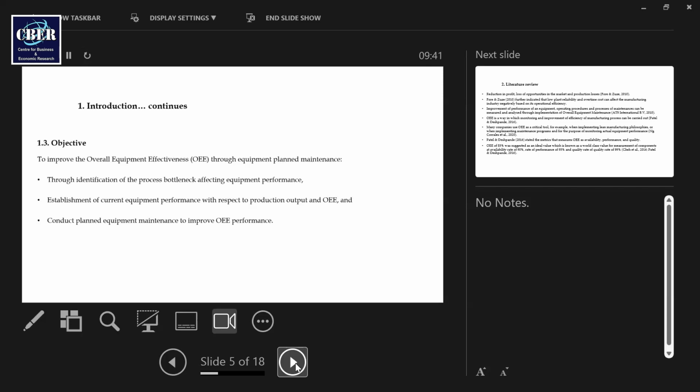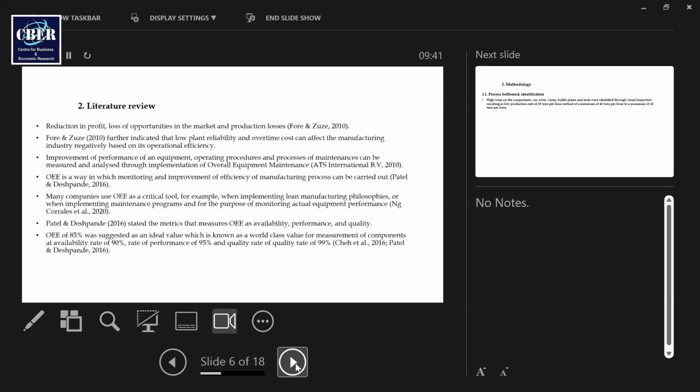We also conducted planned equipment maintenance to improve the OEE so that we can improve availability of product. Based on previous research, OEE has been a good measure of plant performance and of increasing availability of finished goods to market. So it was a good indicator for this research to use OEE as a key performance indicator.